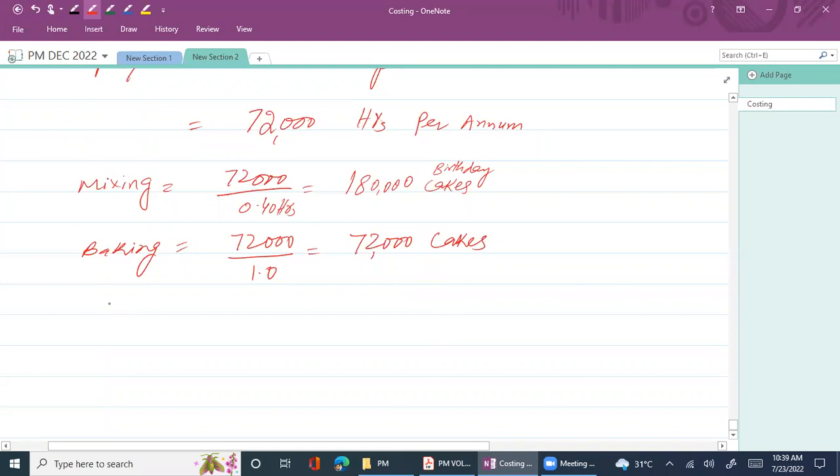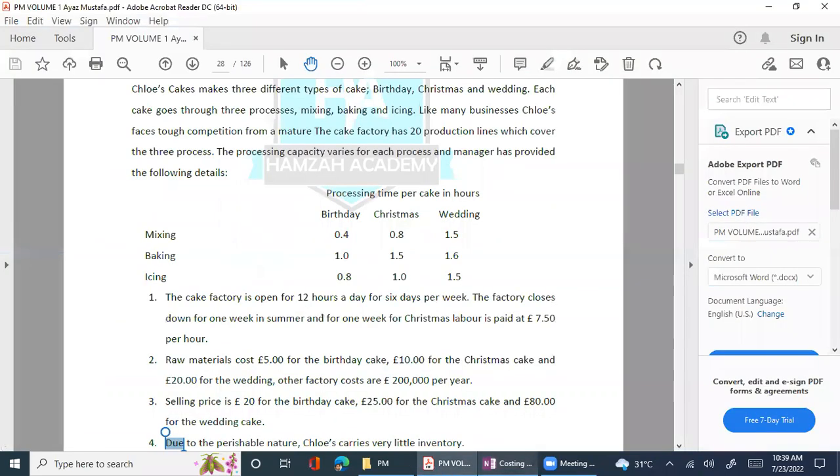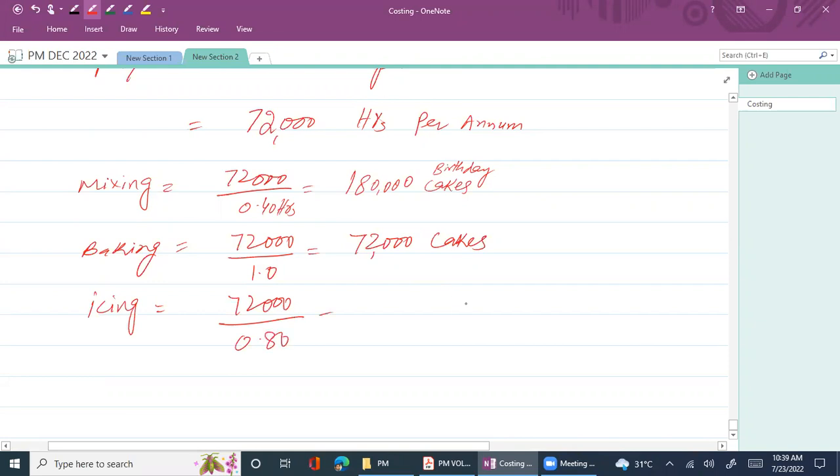Baking can only bake 72,000 birthday cakes in 1 year. Then it comes to icing. Icing has the same production capacity, but the time of the birthday cake in icing is different, 0.8. So how many birthday cakes can I ice in a year?